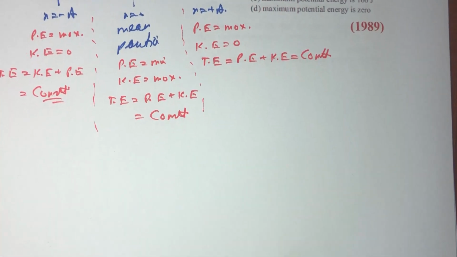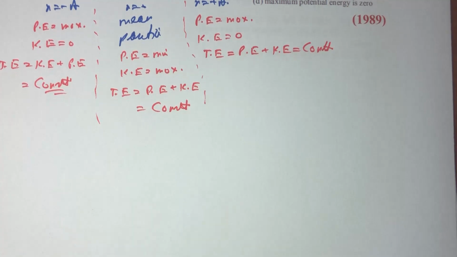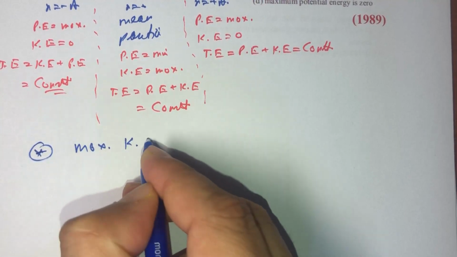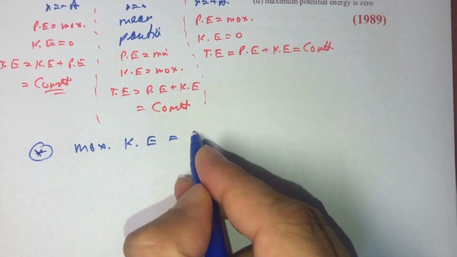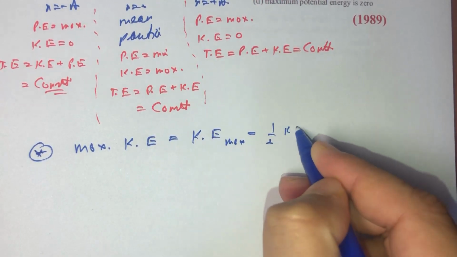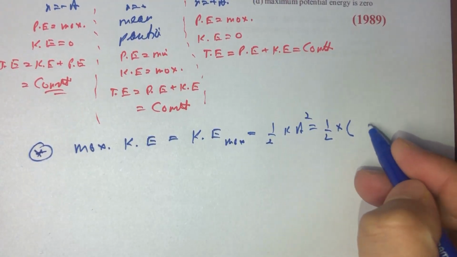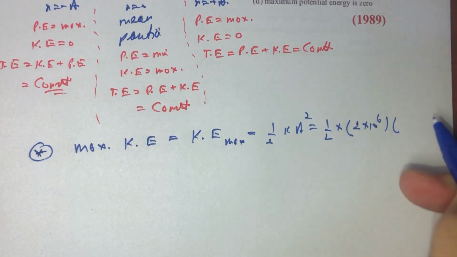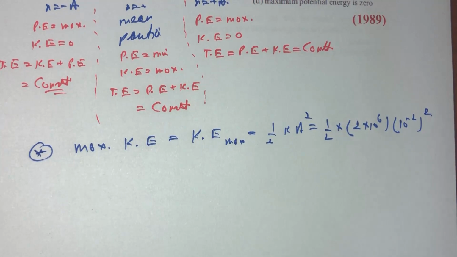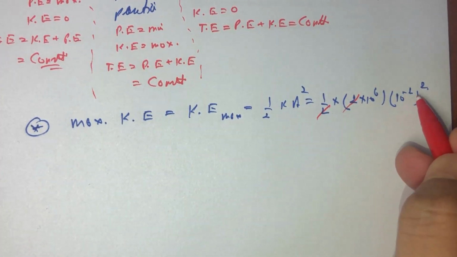So let's find out the maximum kinetic energy. We write this as KE max, which will be equal to half K amplitude square, so 1 by 2 times K, given as 2 into 10 to the power 6, and A given as 10 to the power minus 2, squared. The 2 and 2 go away, this will be 10 to the power minus 4, and this will be 6.